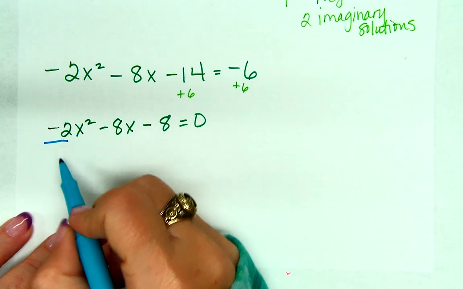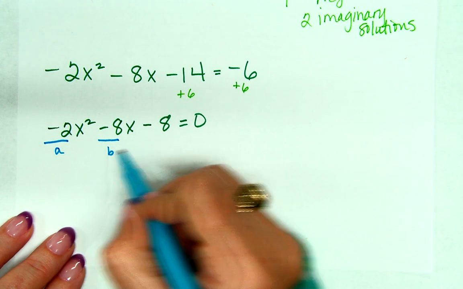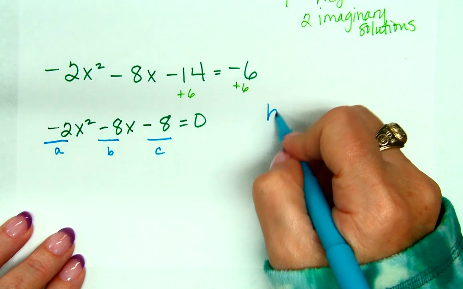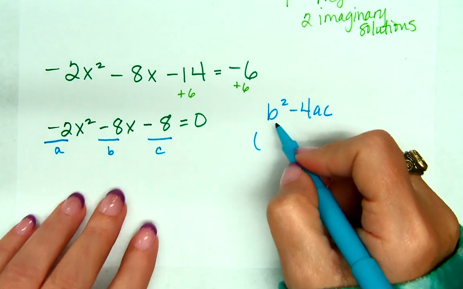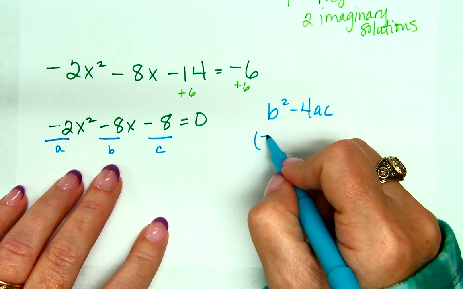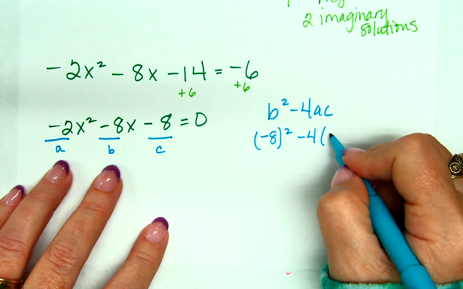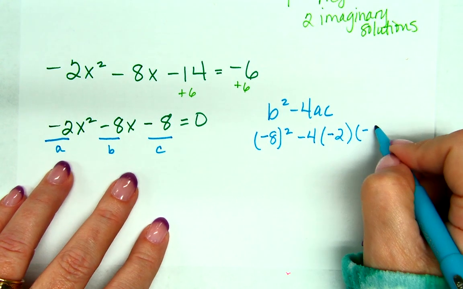So what's that? A, B, C. Okay, so b squared minus 4ac. B is negative 8, so negative 8 squared minus 4 times negative 2 times negative 8.